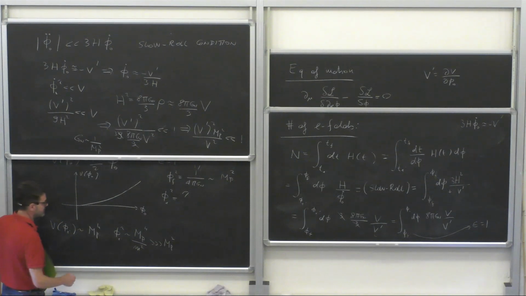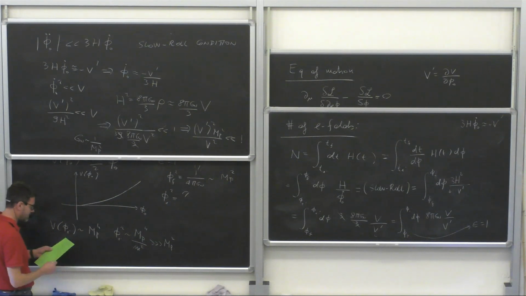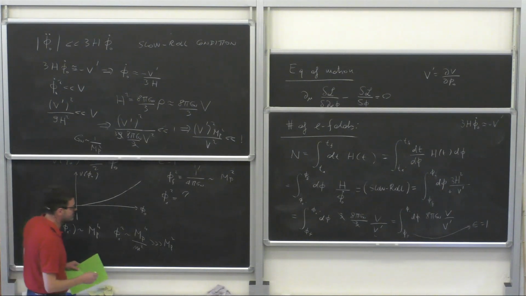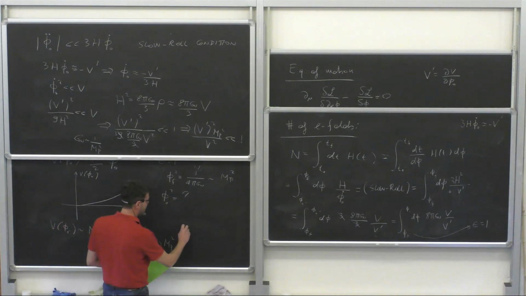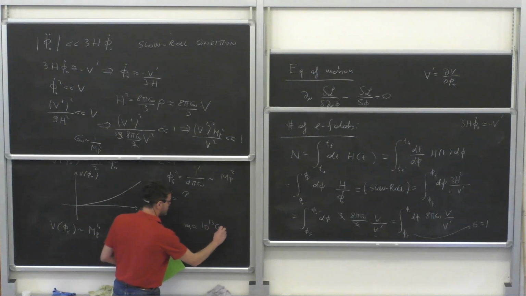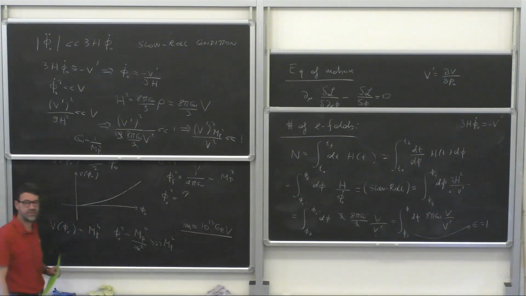So what is going to happen is that now, if I compute the number of e-folds from this simple exercise, in fact, I should also tell you something that will be clear in the following. M, if I want to fix the perturbations, so you have to believe me for the time being, is going to be about 10 to the 13 GeV.